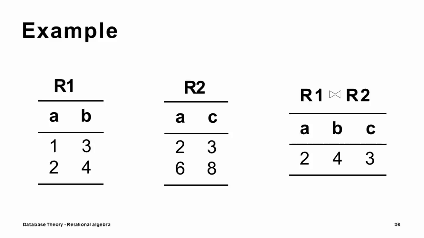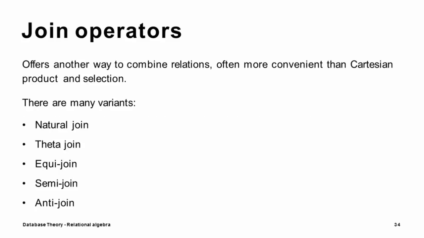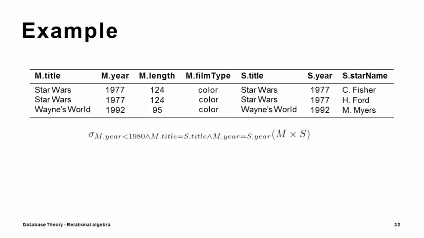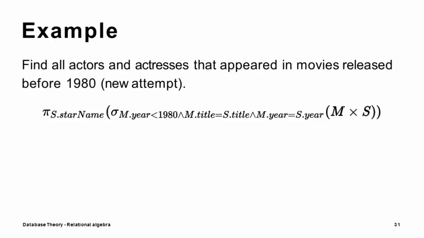I have to admit that when I'm using these join operators, I am using what we did before, the projection and selection, and I just make sure that the equality is right. That's the one where you have M title and S title, that they should match.